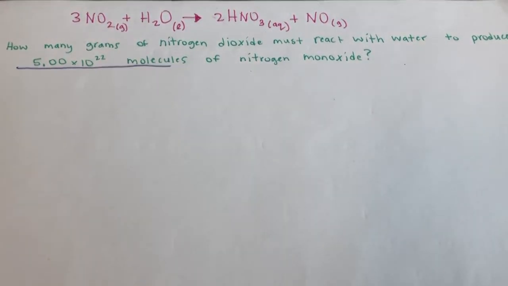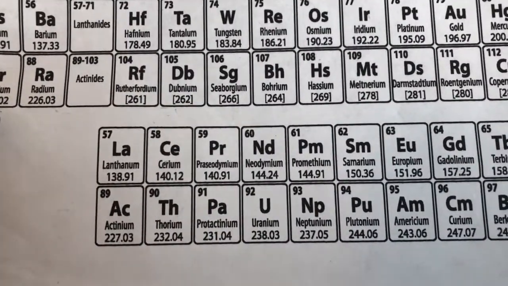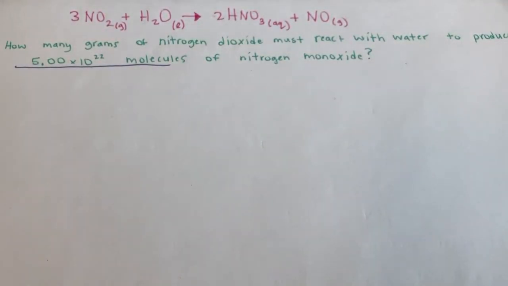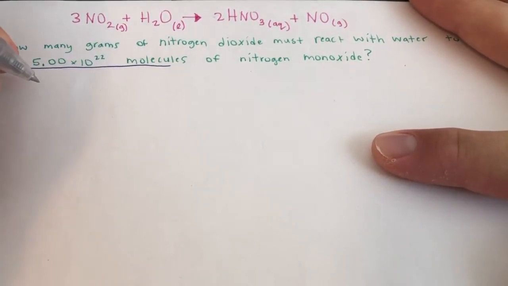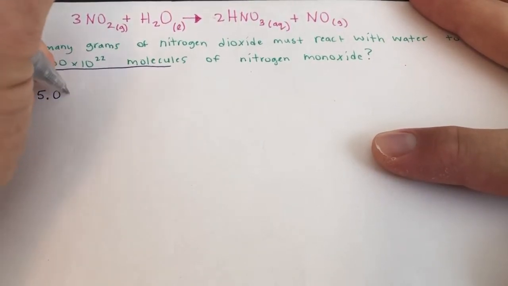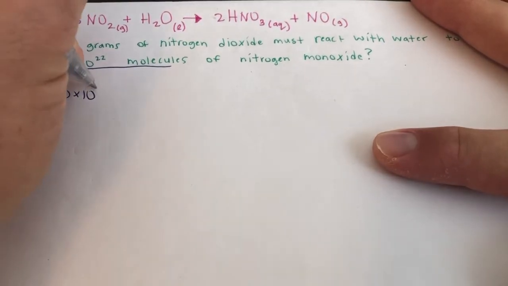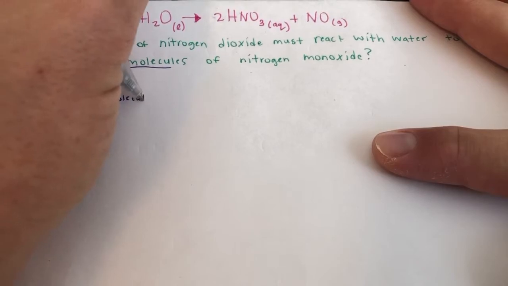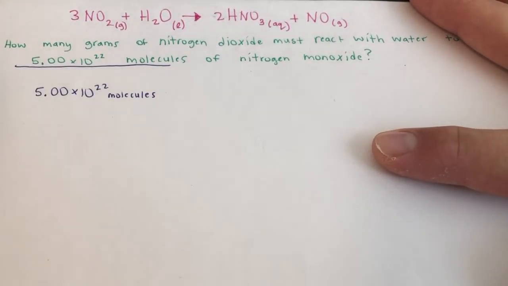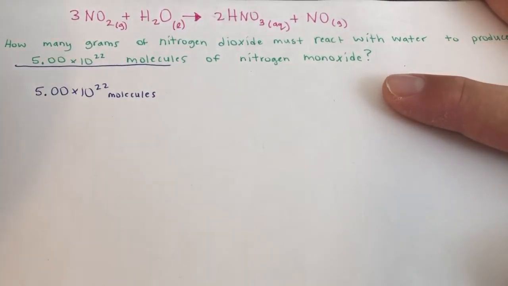We're going to need obviously our periodic table for this, but let's start with this. So start with what you know always. So 5 times 10 to the 22nd molecule. So don't write MOL because then you're going to get it confused with moles.